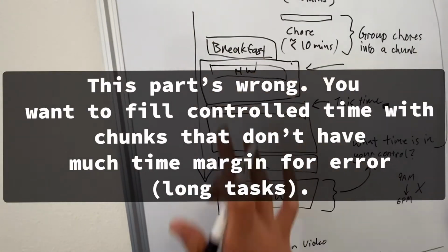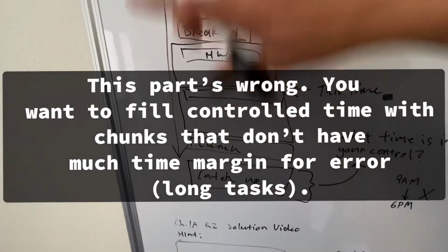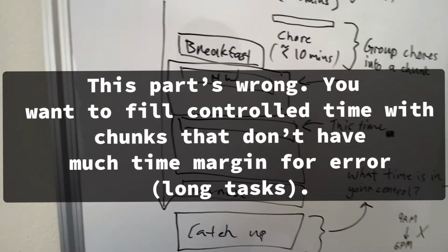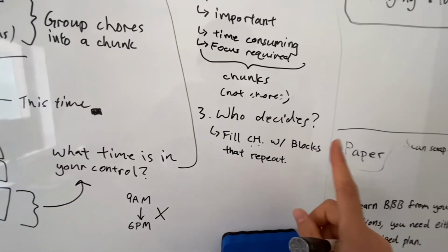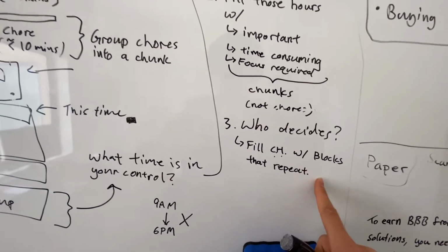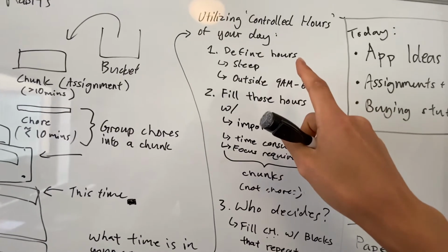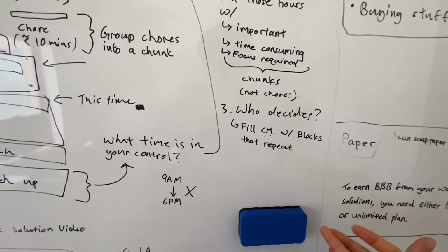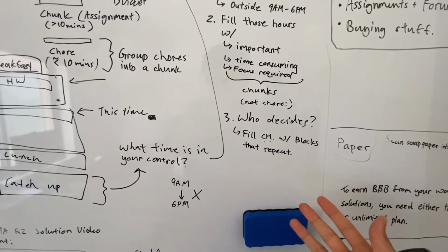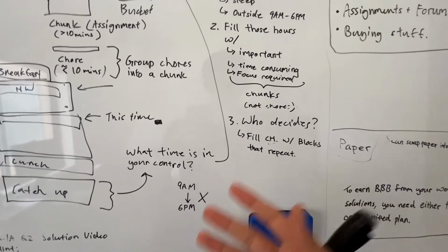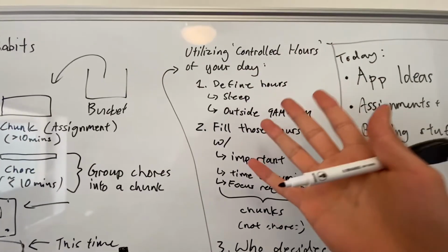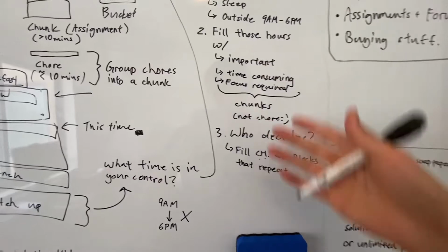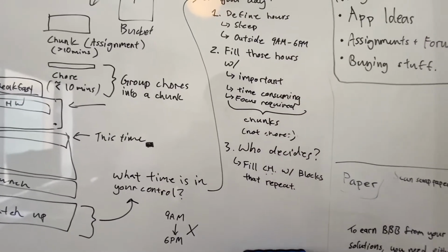It's like a big tower of blocks, and that should fill your entire day, but your actual tasks don't need to fill your entire day. So having blocks that repeat in your controlled hours would make it like your routine hours. This is what you do every day because you can control that, and your routine is not going to change if it's in your controlled hours, so you can keep your routine going. So I think that's the best way to probably use controlled hours.